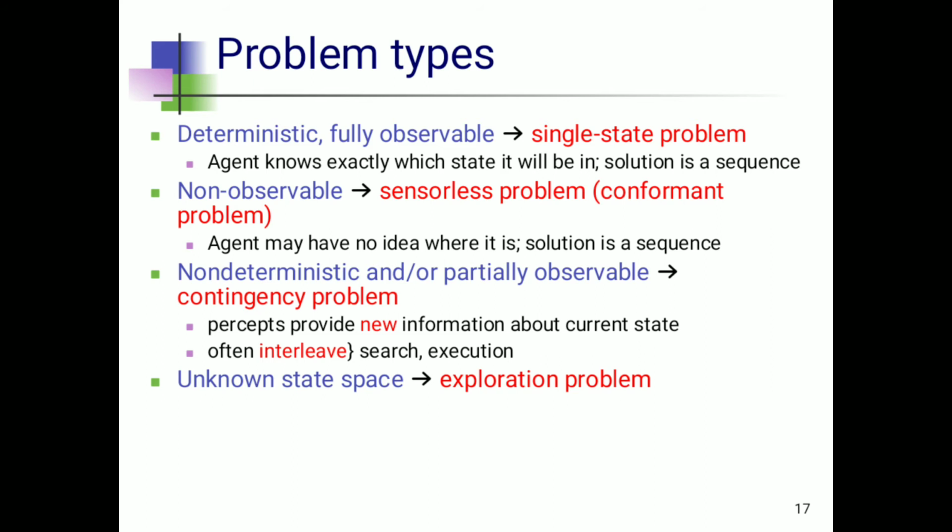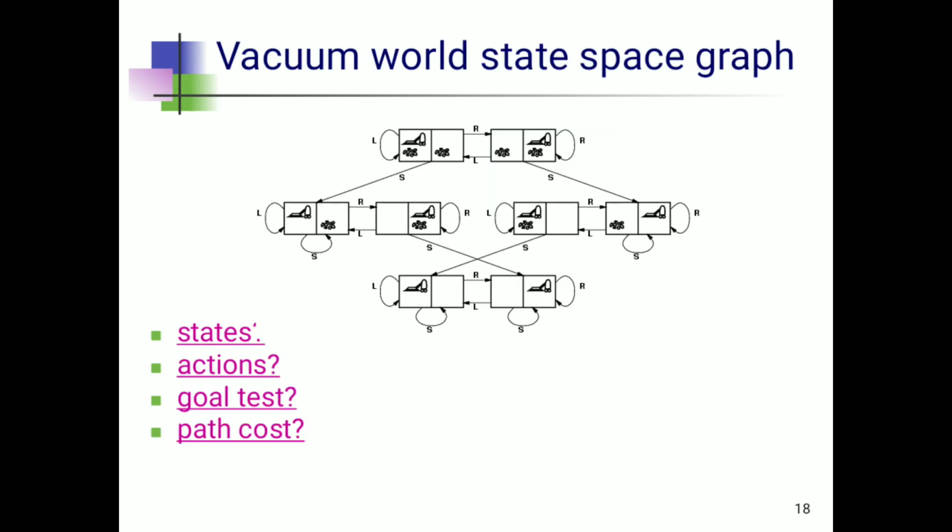And whenever the environment is non-deterministic and partially observable, then the problem is the contingency problem. And whenever there is an unknown state space, the problem is the exploration problem.